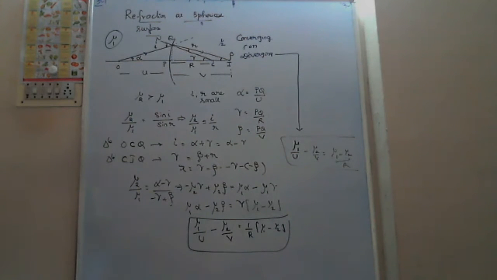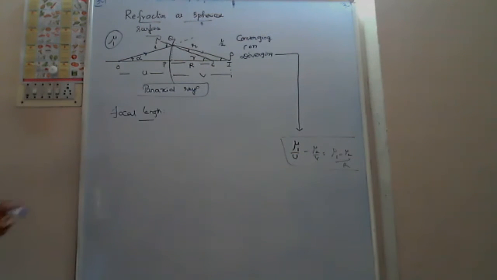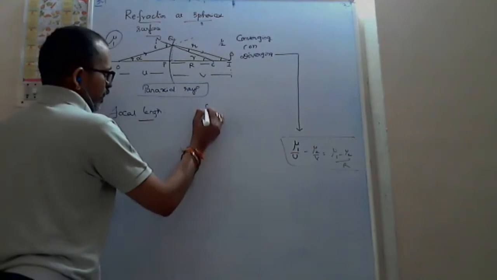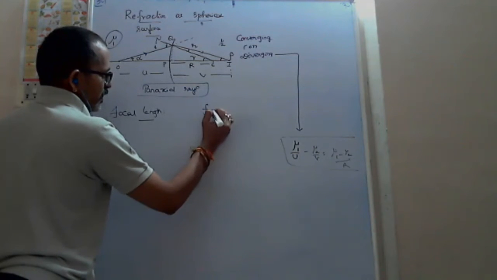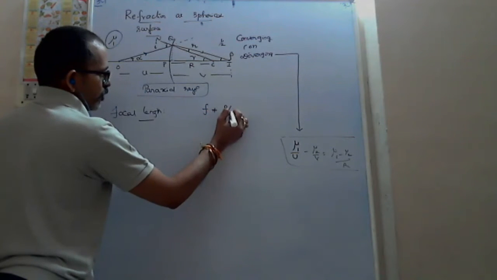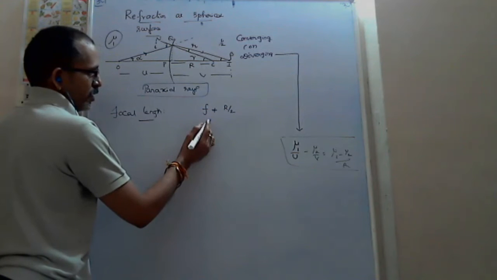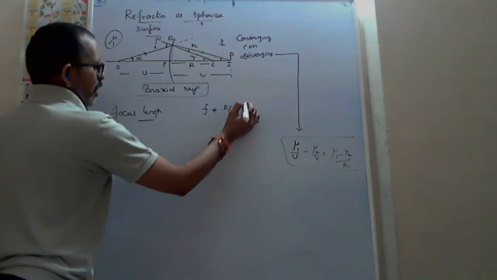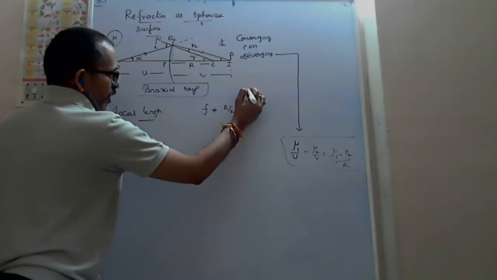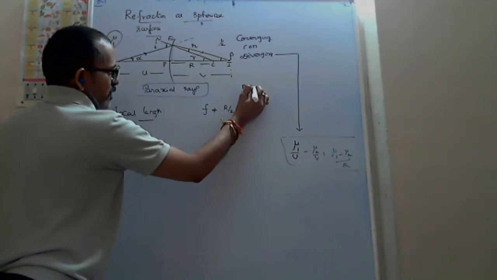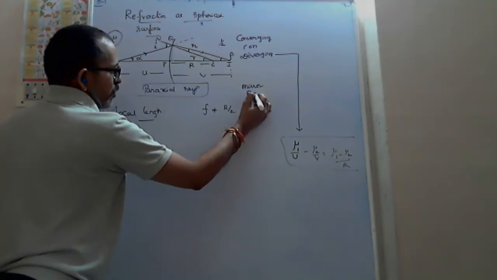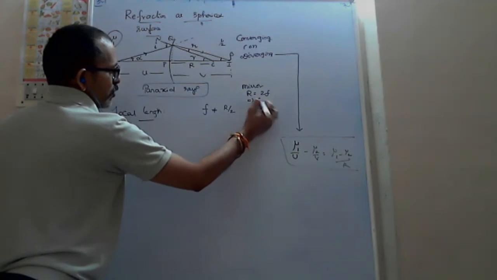mu1 comes first, sir. Focal length for refraction is not equal to R by 2. Yes sir, R equals 2F, that is for reflection. Nana, only for mirrors we take F equals R by 2.